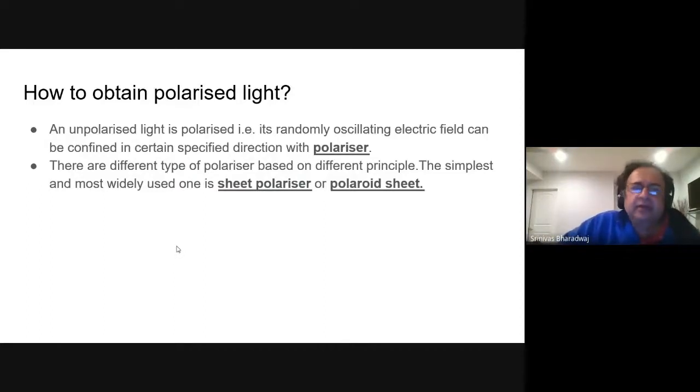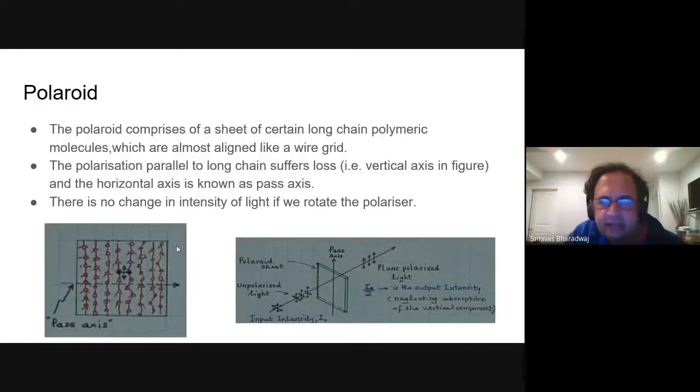Now, the simplest and most widely used is a sheet polarizer, or what is called a Polaroid sheet. You might have all heard about the Polaroid camera, right? A Polaroid camera typically has a Polaroid sheet. That is the primary way, by using a sheet which polarizes the light.